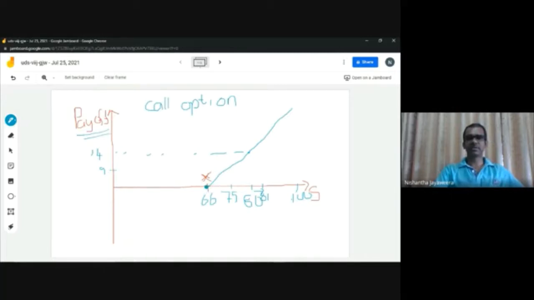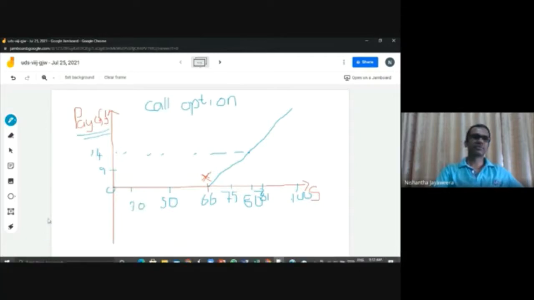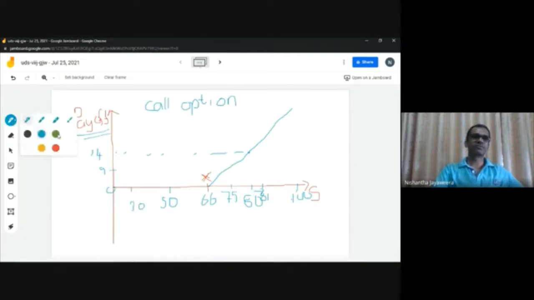But what would happen if it is 50 or 30 or 0? What do you do? When the spot price is less than the strike price, what do you do in this area?